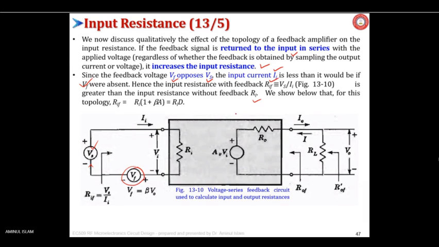In this point, we show below that for this topology, Rif equals Ri into (1 plus beta A) equals Ri into D, because D equals 1 plus beta A. Why the input resistance increases is also defined here.